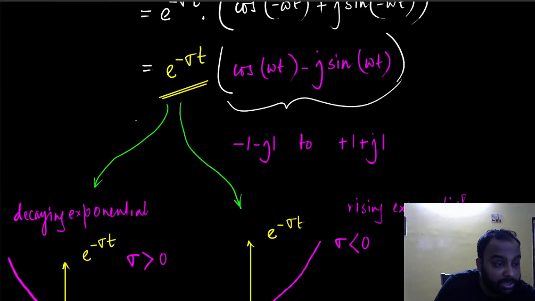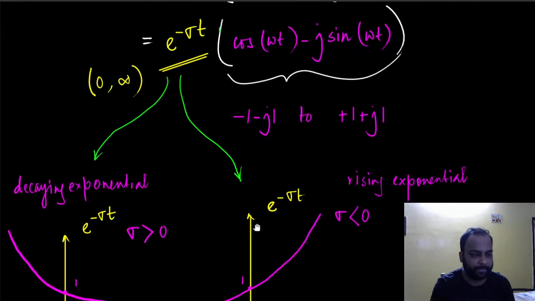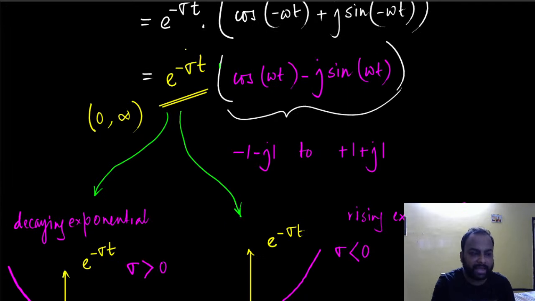So this signal is bounded between 0 and infinity, and it can never reach 0 per se. So e to the power minus sigma t always lies between 0 and infinity. This portion can become unbounded, but the other portion is always bounded between certain fixed values.